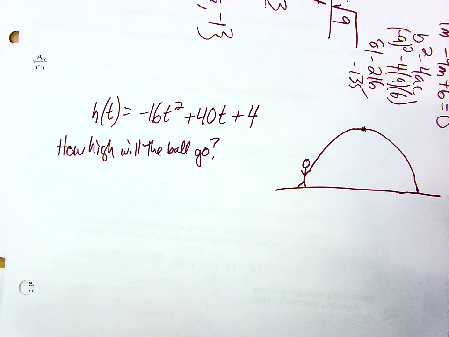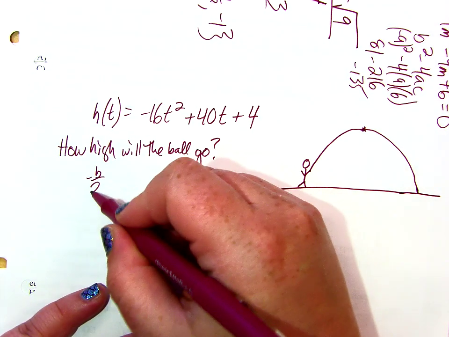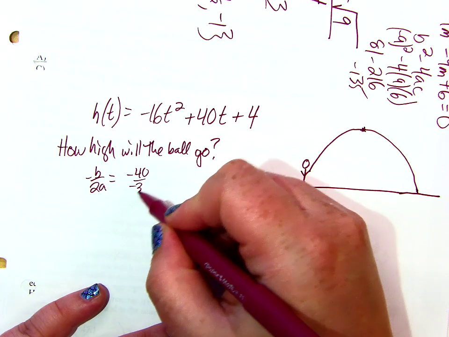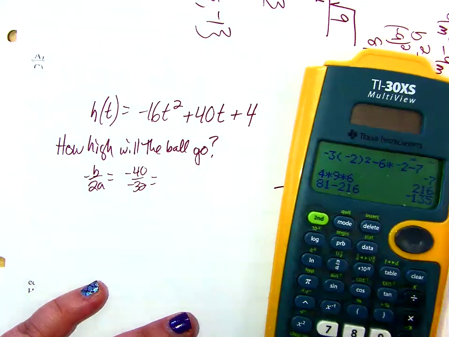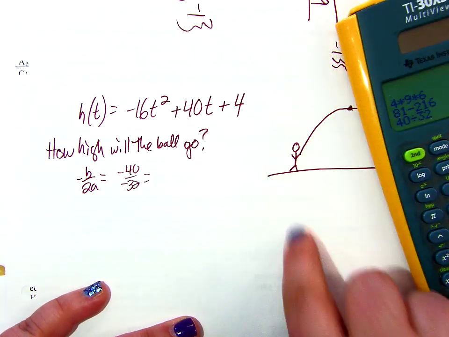Yes, called the vertex. So if I just find the vertex of this, that's a good start. Let's see. Negative 40 over negative 32 gets me 1.25.